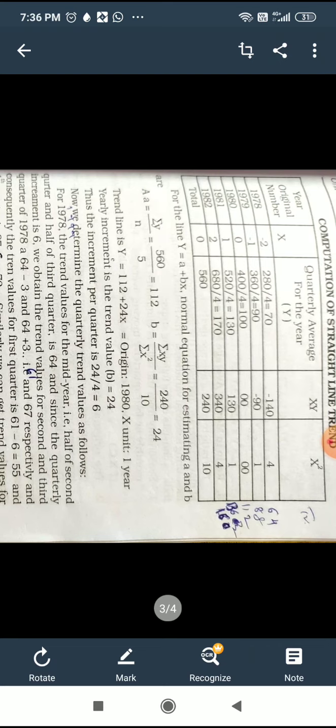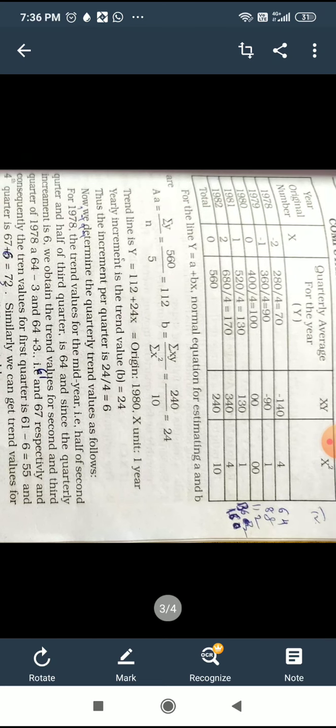First we will calculate the x value by taking the middle year as the mean value and subtracting each year from this middle year: 1978 minus 1980 is minus 2, 1979 minus 1980 is minus 1, 1980 minus 1980 is 0, 1981 minus 1980 is 1, 1982 minus 1980 is 2.